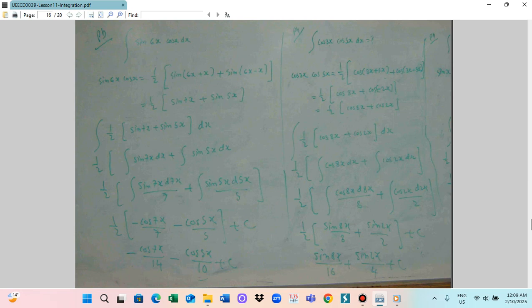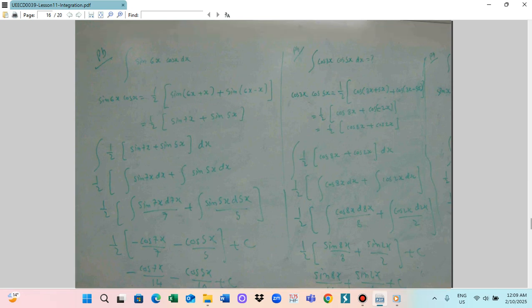Integrating, you get minus cos 7A by 7 minus cos 5A by 5 plus C. So this is minus cos 7A by 14 minus cos 5A by 10 plus C.